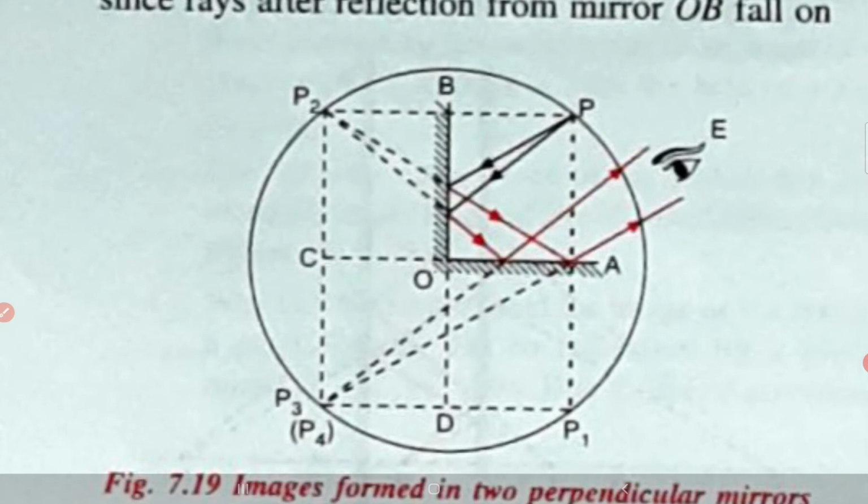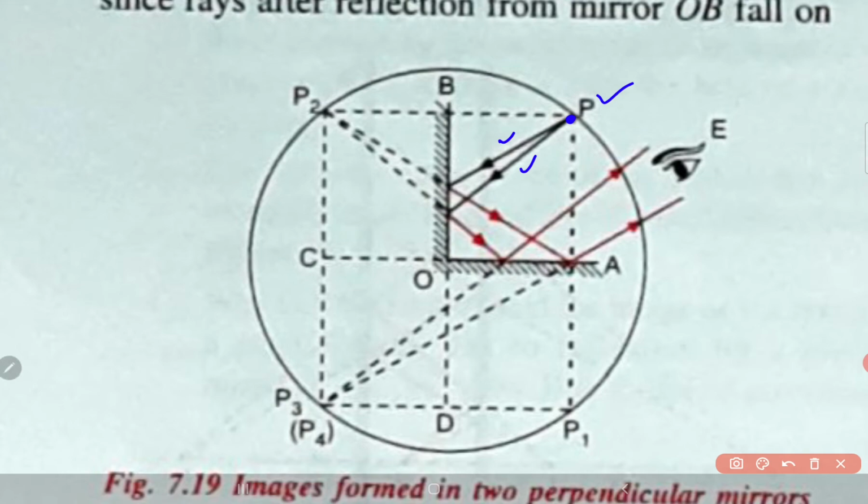So if we consider this particular diagram, the object is placed here, that is P, our object, and for simplicity we are taking only 2 rays, those black rays as shown in the figure. Now let us find out the images formed.